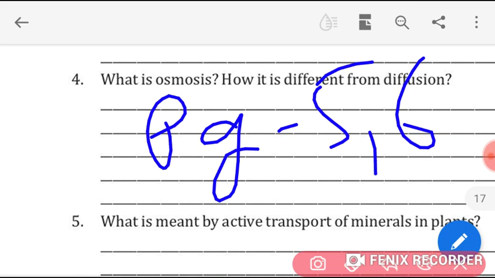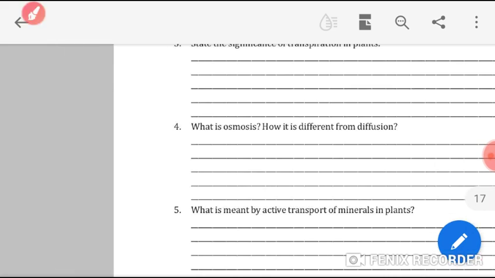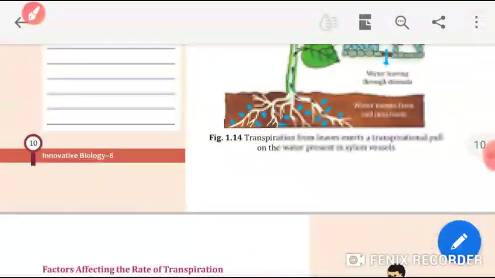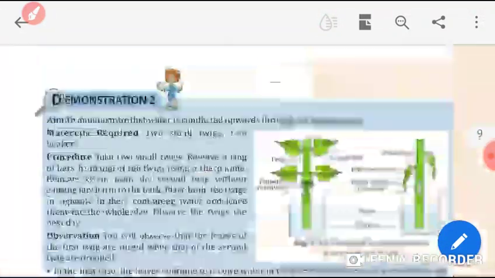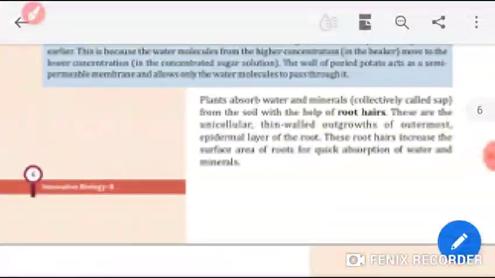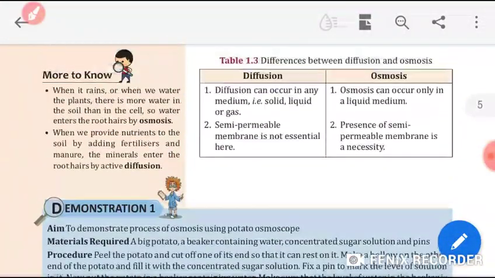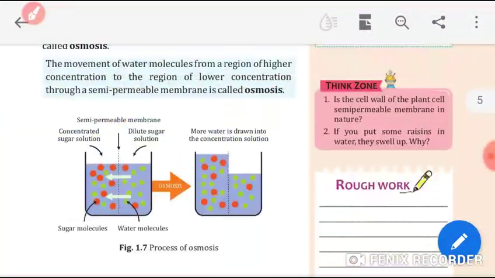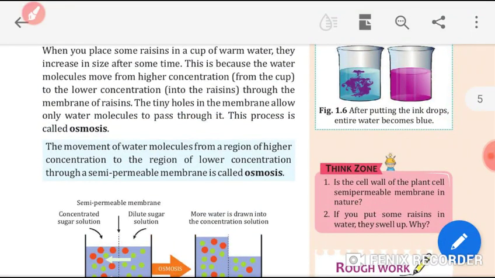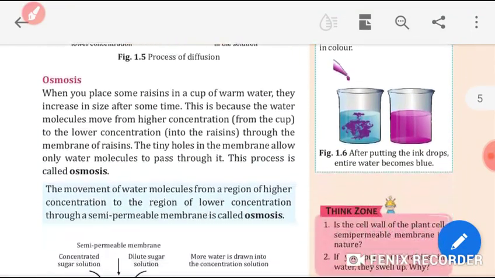Okay, so come to page number 5. On page number 5, the osmosis topic is given, students.